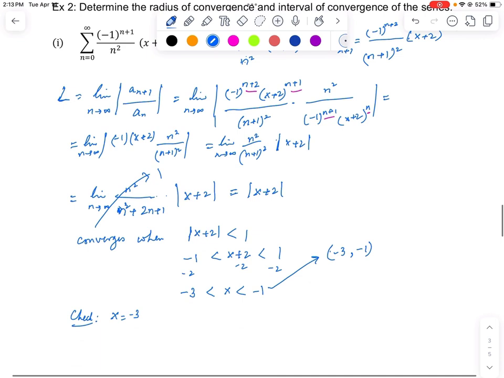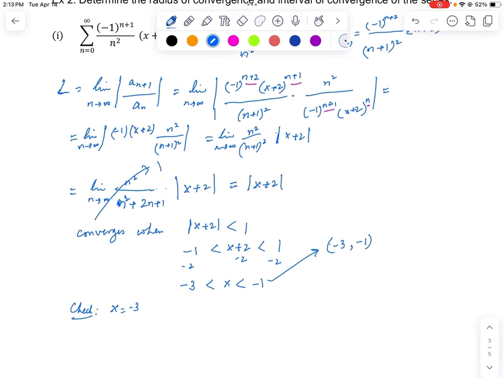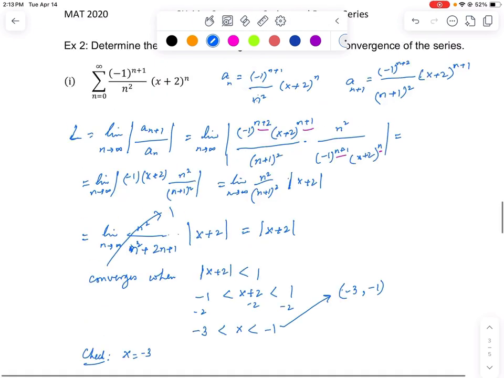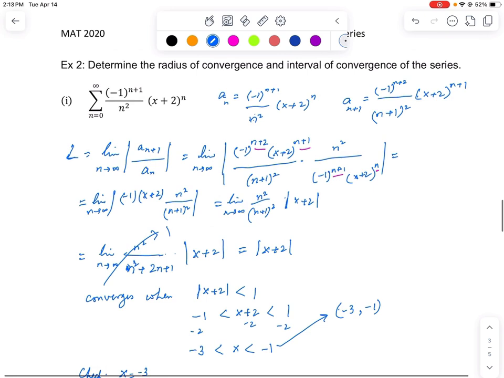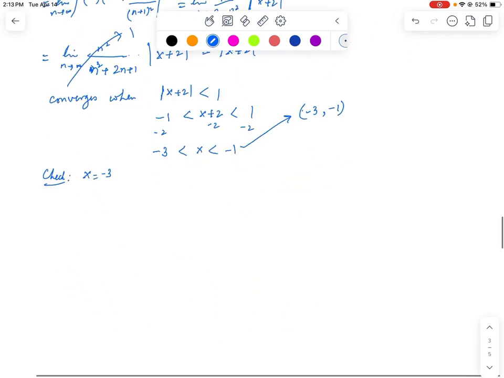So that's what we are going to do. We are going to plug in negative 3 for x. So this is our series. And you can see when I plug in negative 3 here, what am I going to get? Negative 1 raised to n.